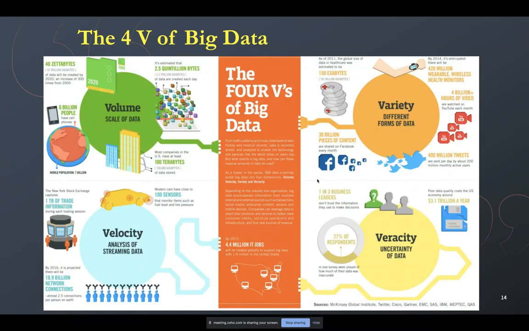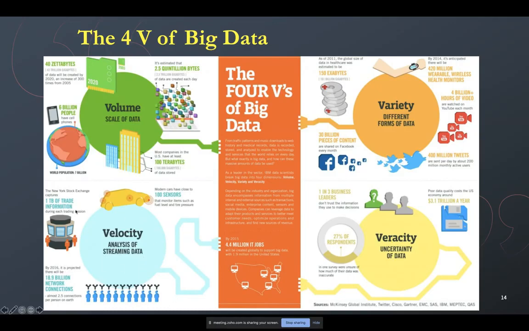Here we are talking about correlating really different data formats in a very small amount of time. This is variety: having different formats of your data.